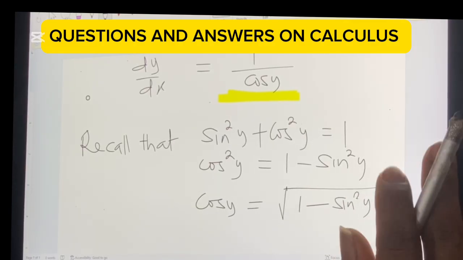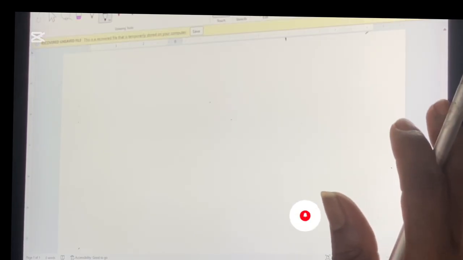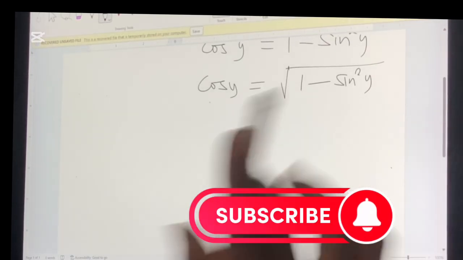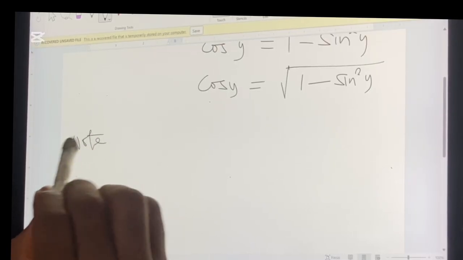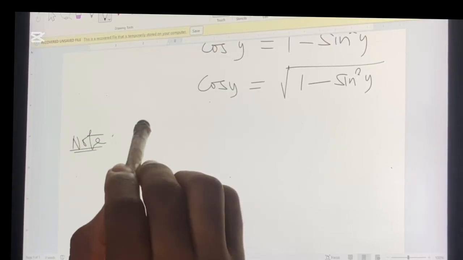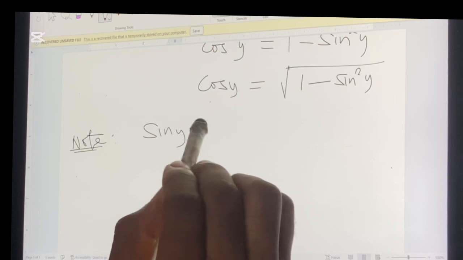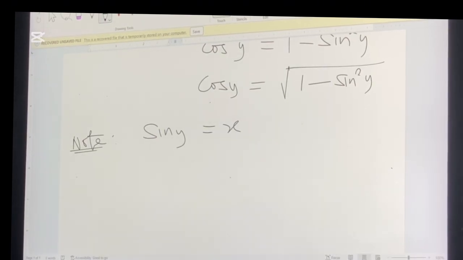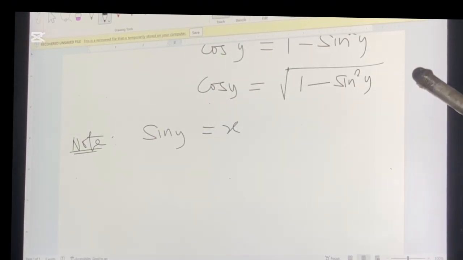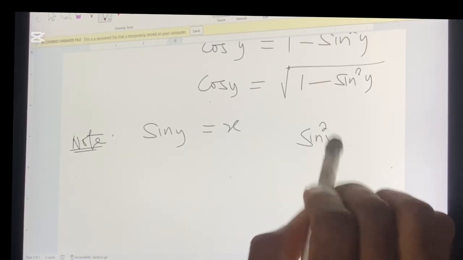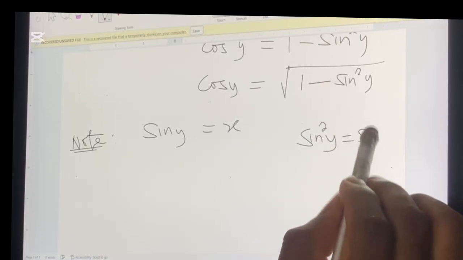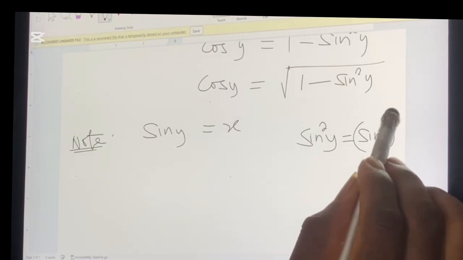Class, remember this also that from the equation, sine y is equal to s. So anywhere I see sine y, I will place s. But remember this, that sine square y is the same thing as sine y all squared.